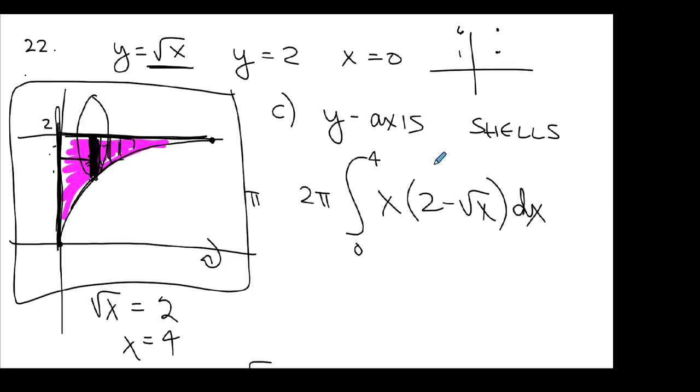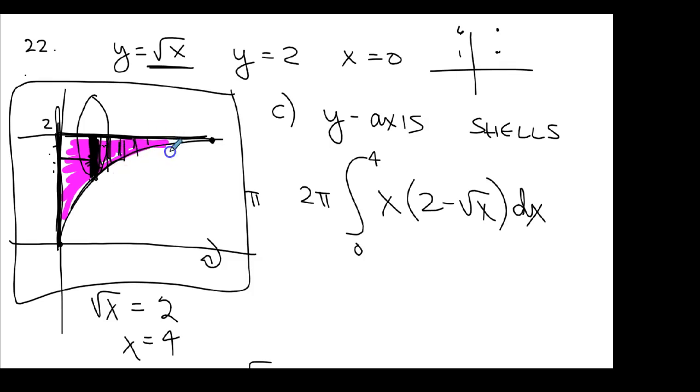Wait, why is it x minus 0? The distance from a typical rectangle to the line I'm revolving about. But how is that x? Because I don't know where I drew it. I went over some amount and I drew it.